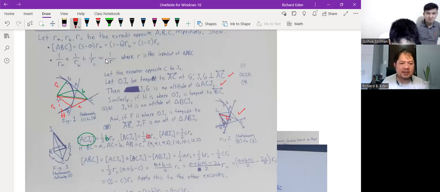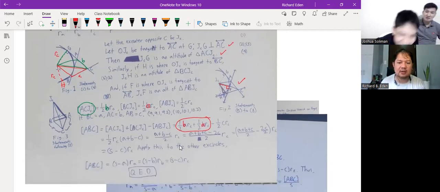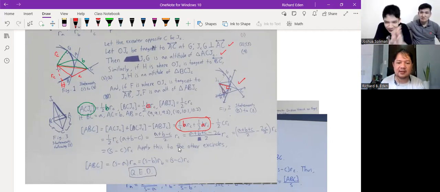And so now ABC is ACJC plus BCJC minus ABJC. Fortunately, by commutativity of addition, whether this is B and then this is A, ends up being the same. So 1/2 RC times (A plus B minus C).